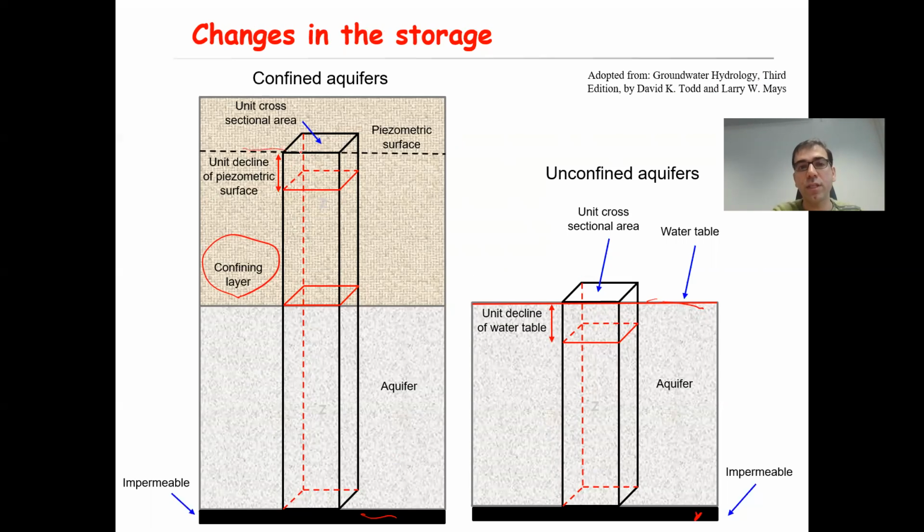The piezometric surface was initially here, and now you decrease the pressure and the piezometric surface changes, but since the aquifer remains saturated, the release of water is significantly smaller than what is expected from an unconfined aquifer.